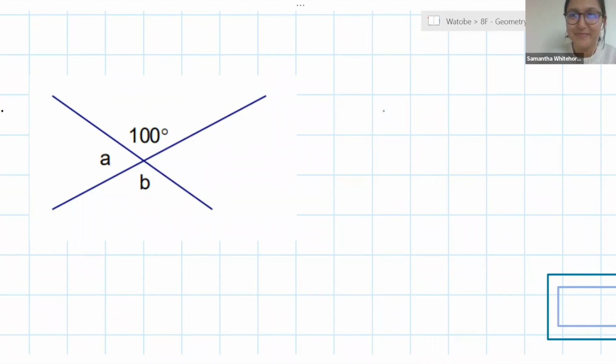Ma'am, the value of B equals 100 because 100 must be the same value as B, right? Okay, yeah, why? Because they are opposites, ma'am. Okay, cool. So 100%, B is 100, and then A? A equals 80, because 80 plus 80 must make 160 degrees to add to the 200 I already got.